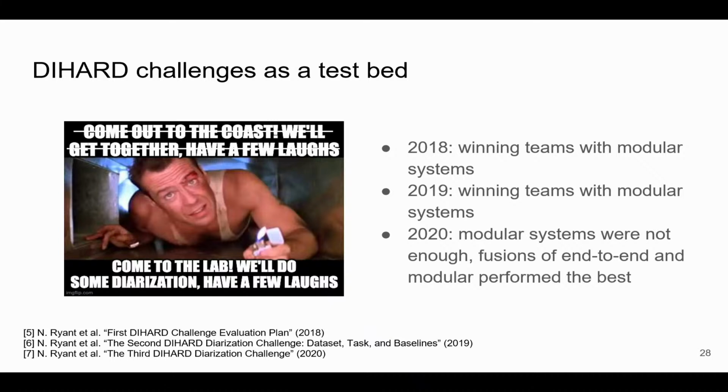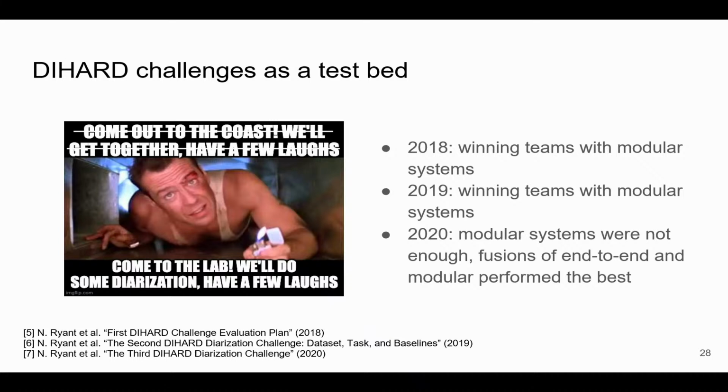What happened was that over many years, since the early 2000s until about 2018 when this first DIHARD challenge appeared, there were only a few data sets that you could use for diarization, because annotating is expensive. We discussed that. So you would have some telephone recordings, you would have some meetings, and that was it. There were not really many public data sets.